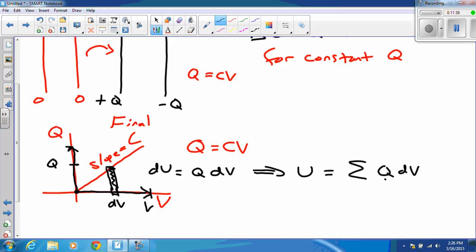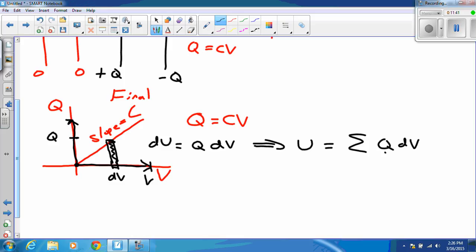A second way to think about this, and a more mathematically rigorous way, would be to say that the total amount of energy stored is going to be the area underneath that curve right there.